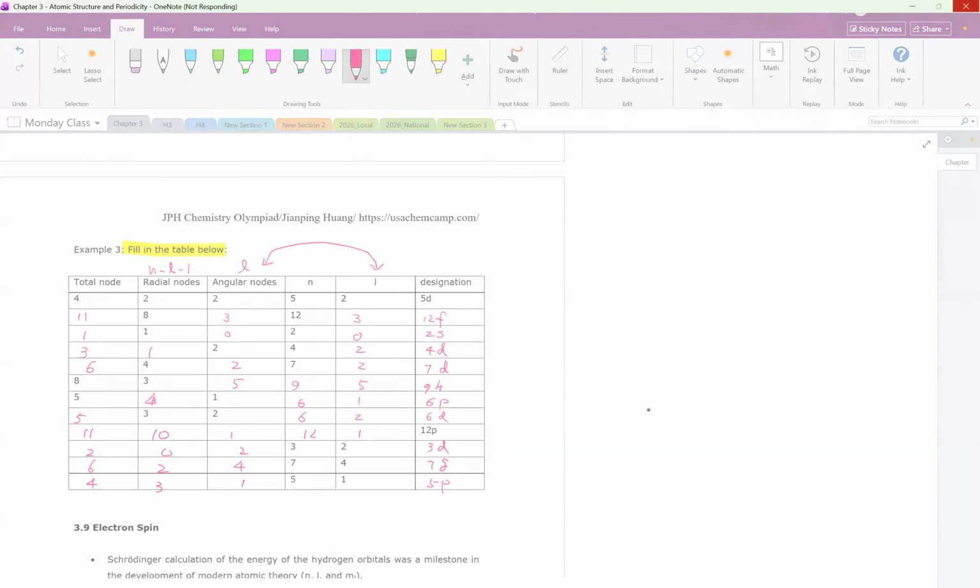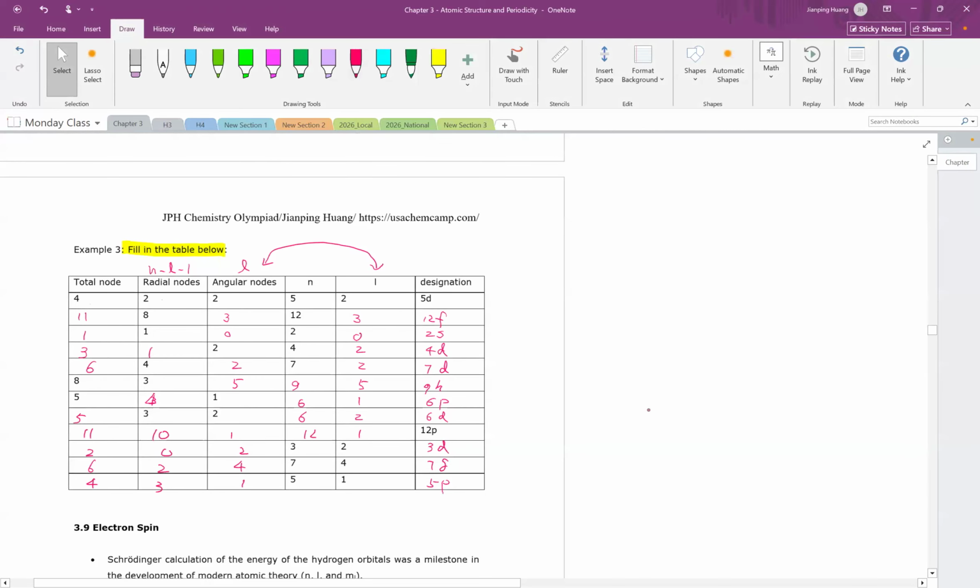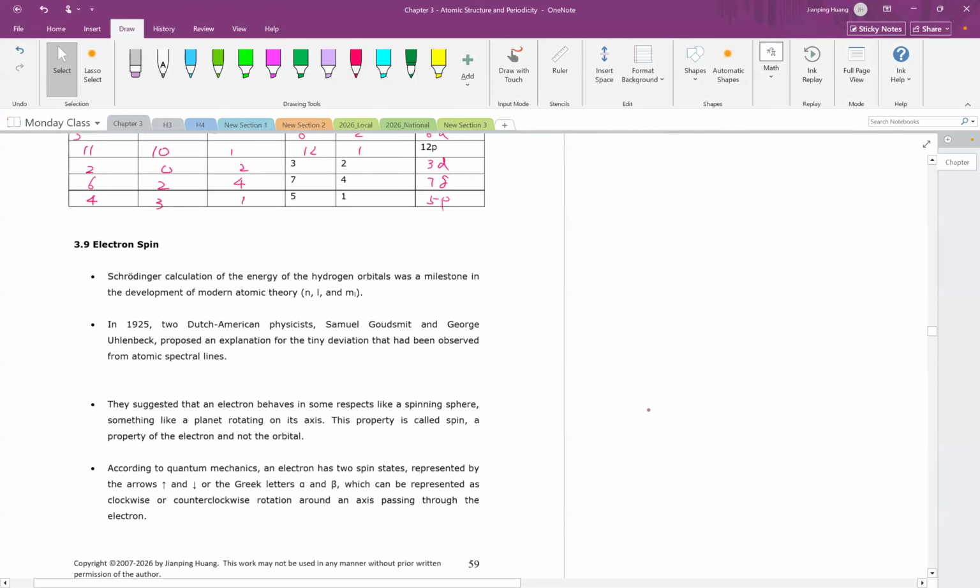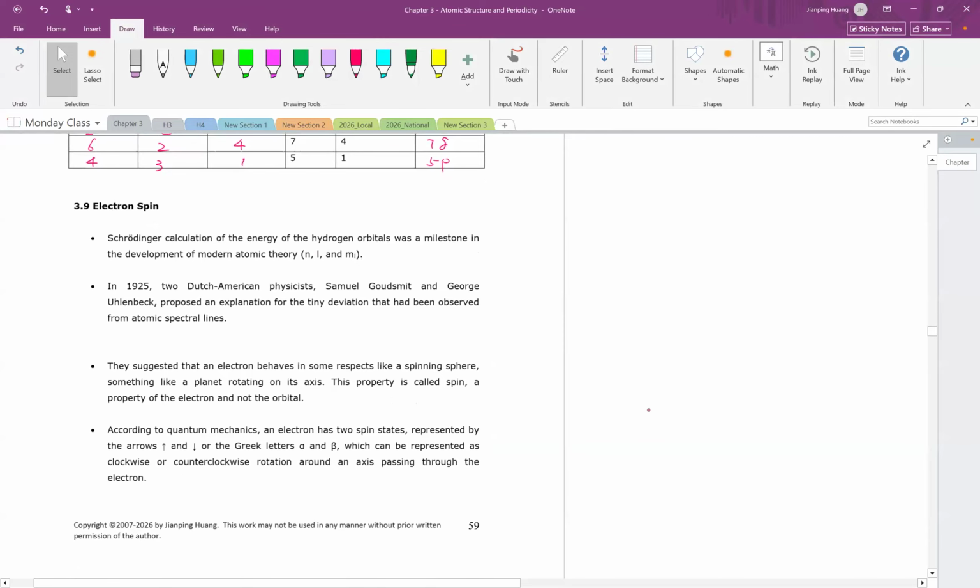So we finished the 3 quantum numbers. Can anyone tell me which 3 quantum numbers? n, l, m sub l.